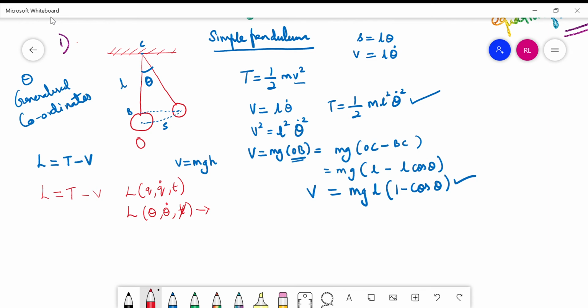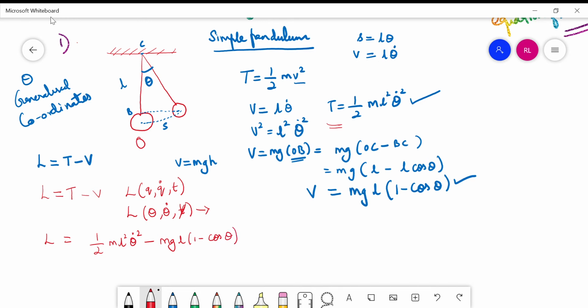So here we have L is equal to half m L squared theta dot squared minus mgL times 1 minus cos theta.